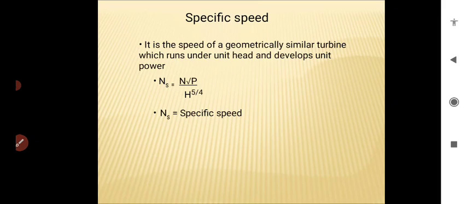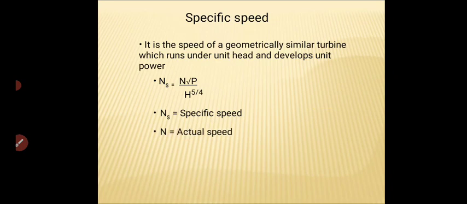And specific speed: it is the speed of a geometrically similar turbine which runs under unit head and develops unit power. It is given by N root P by H power of 5 by 4. This is the specific speed.